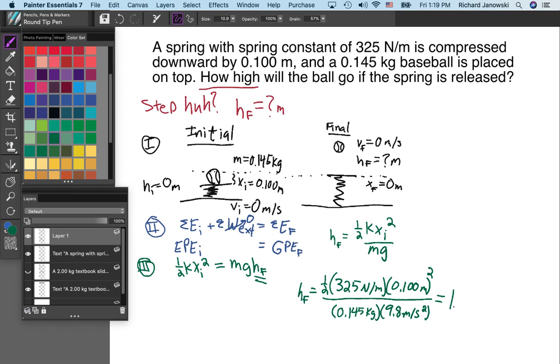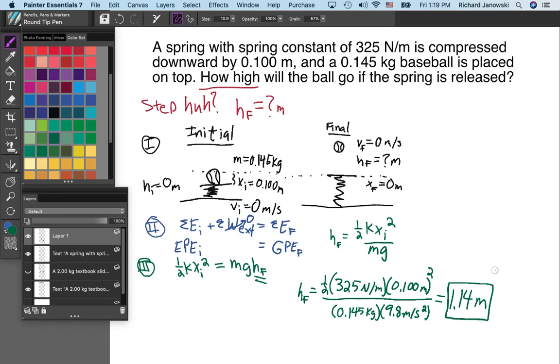If you do this, you end up with 1.14, and the units are meters. So make sure you get the order of operations right when you're doing this. It's very easy to do the whole top part correctly and then divide by this. And then if you hit times 9.8, you're not putting the 9.8 in the denominator, you're putting it in the numerator. So figure out how to do that correctly on the calculator.